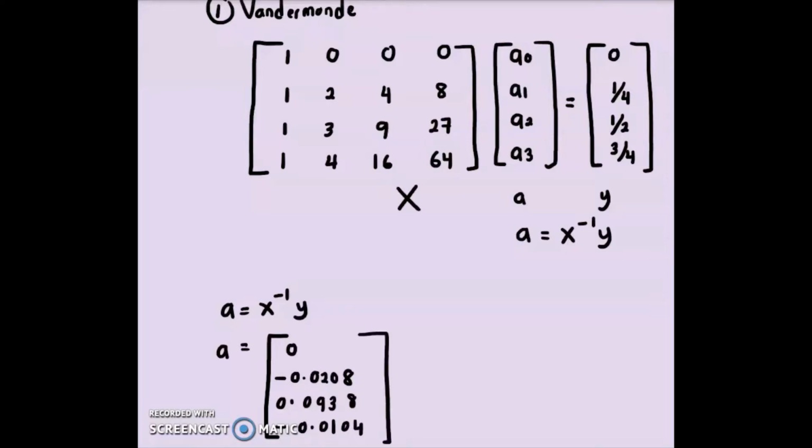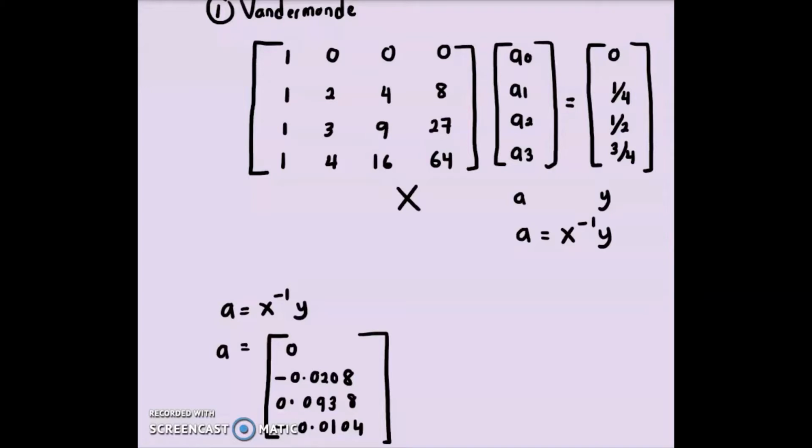So please find the inverse of this big X and multiply with Y. If you have MATLAB or any graphing calculator, you can just find the inverse easily.